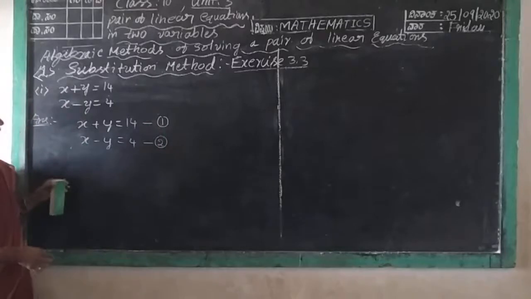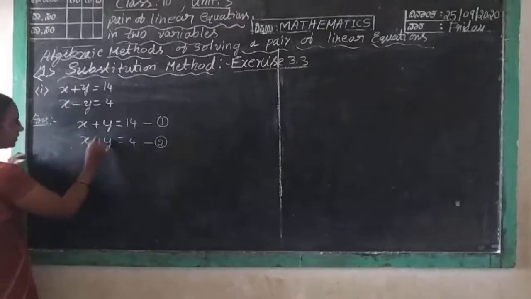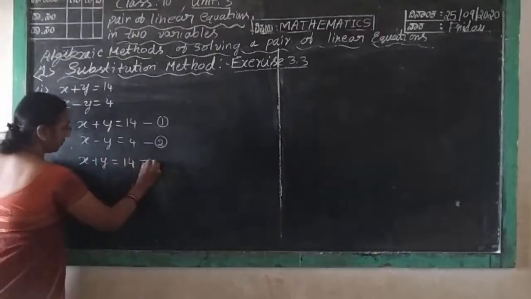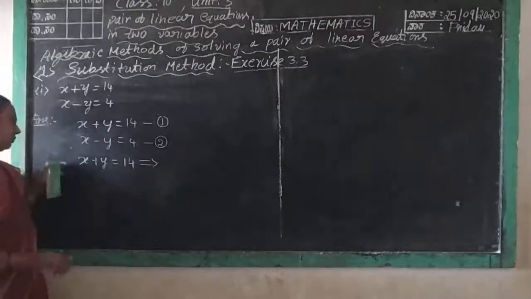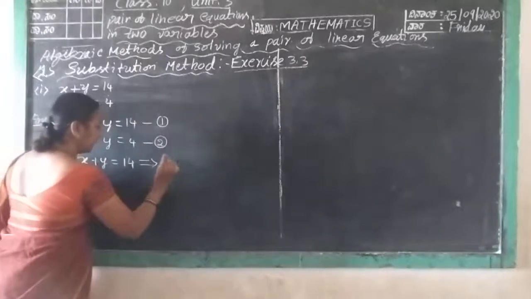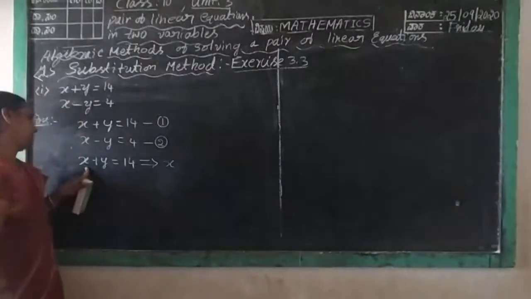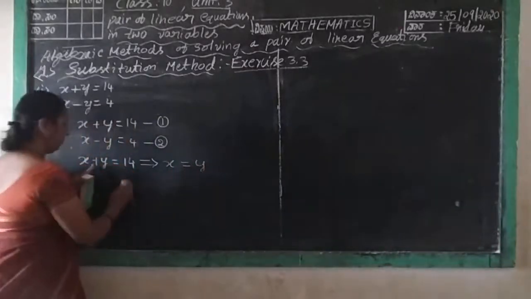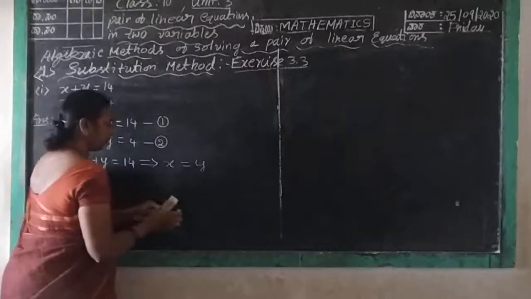In the first equation, x + y = 14, we take the x or y value, and 14 stays as it is.